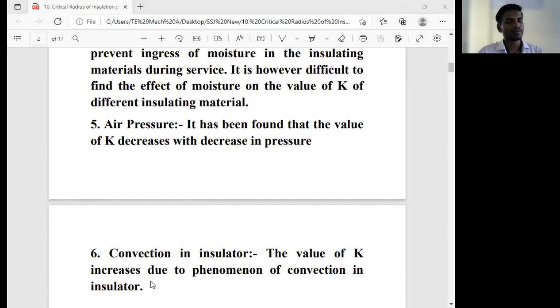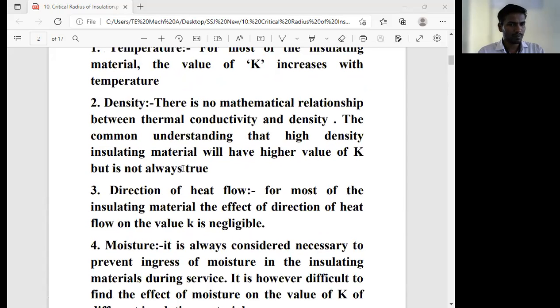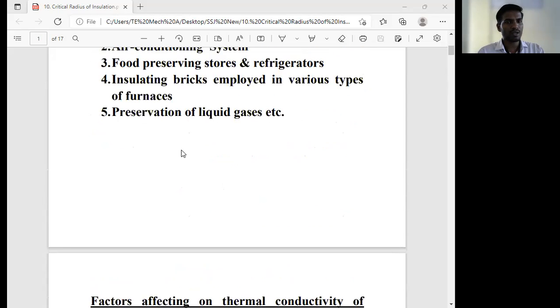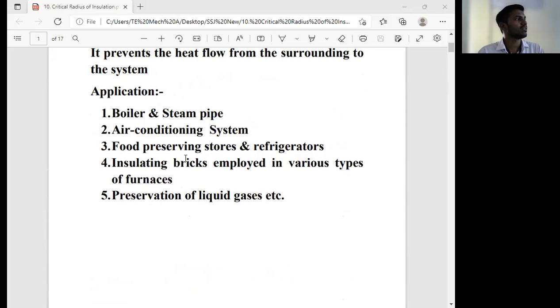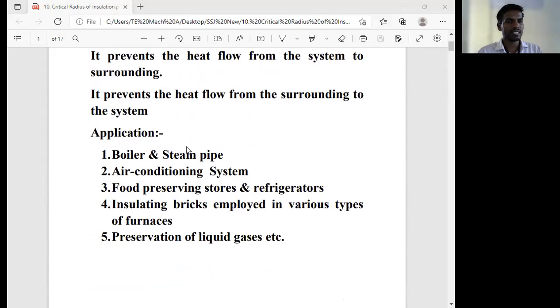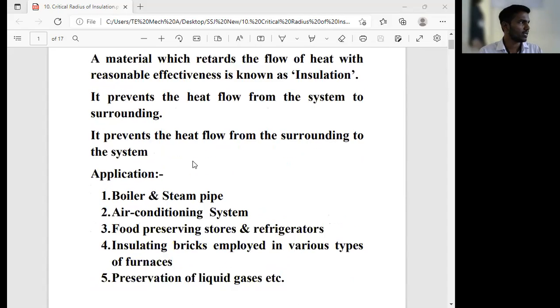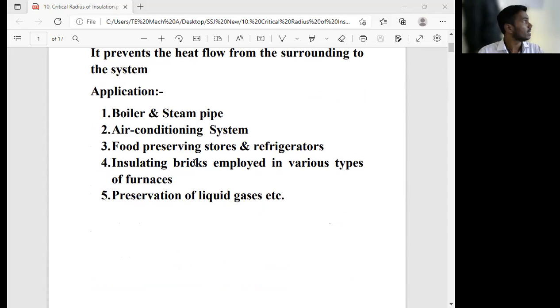This is not that important because this point is not in the syllabus, but we have to understand the meaning of insulation, because our aim is to understand the critical thickness of insulation. So before starting our syllabus point, we have to understand insulation. That's why I have explained these things.